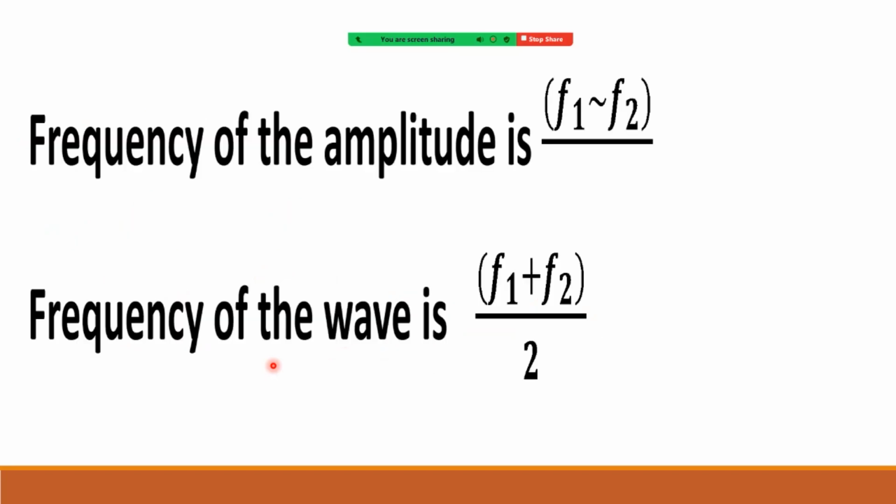So the frequency of amplitude is f1 minus f2. Since it is amplitude, we should take the modulus value. That's why f1 minus f2.